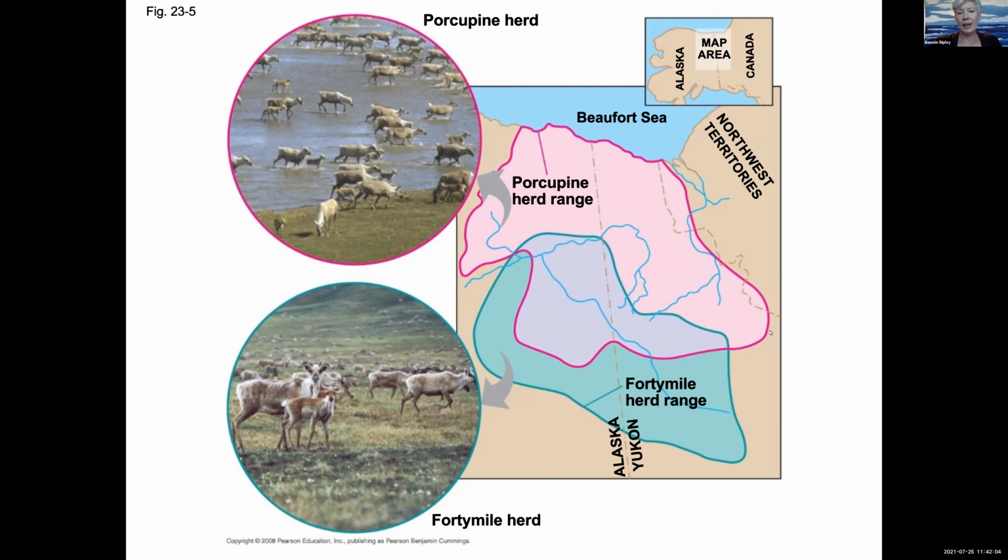But if we want to have a good definition of a species, it turns out it's a little difficult. And so there's actually different scientists who have tried to write better or different definitions of what a species is. So there's a whole long list of different ways that we can define a species.